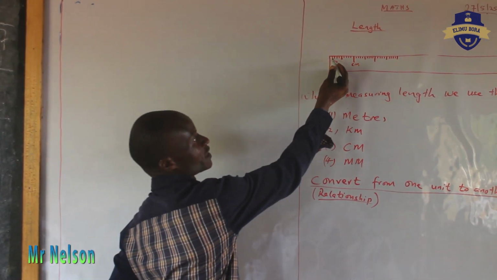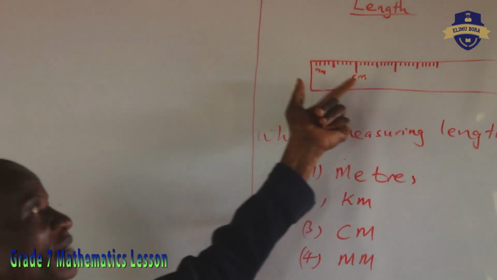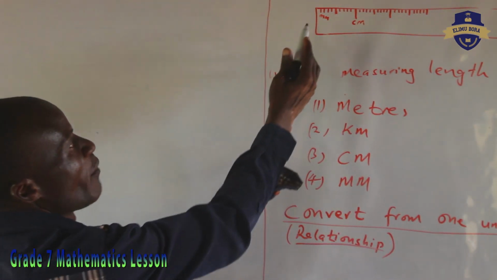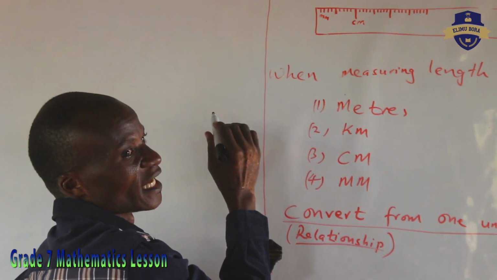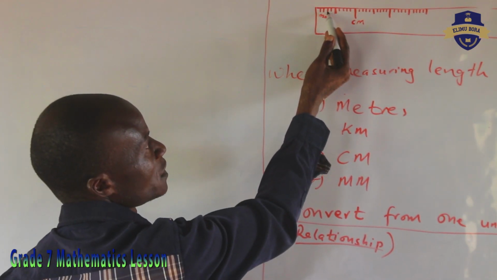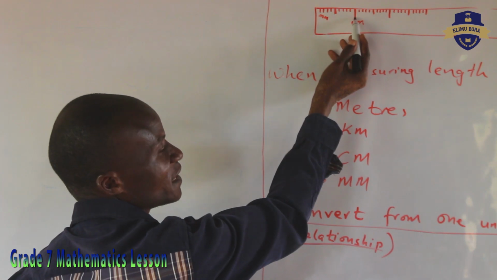We say these are what? Milli? Then some millimeters make what? Let us see. How many millimeters are in a centimeter? How many? 1, 2, 3, 4, 5, 6, 7, 8, 9, 10.